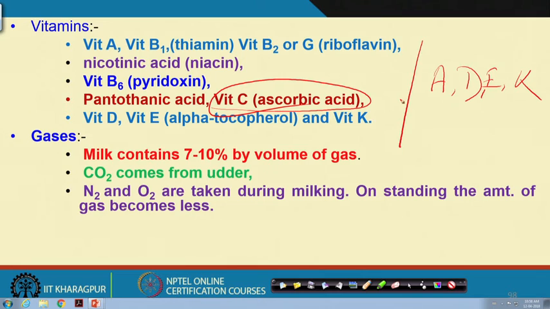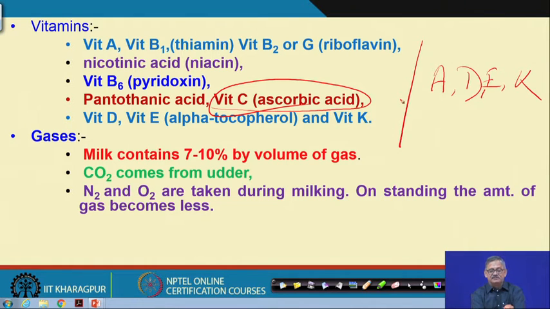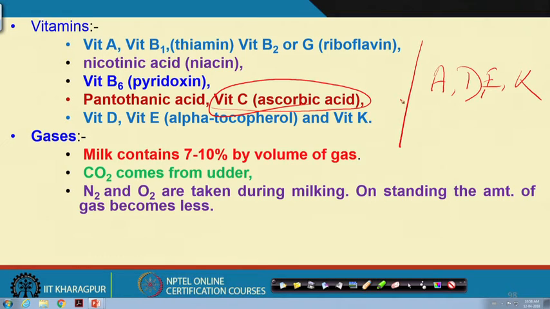Okay. Some gases are also there, like milk contains around 7 to 10% by volume of gas. Carbon dioxide comes from the udder when it is being milked. Nitrogen and oxygen are taken in during milking.